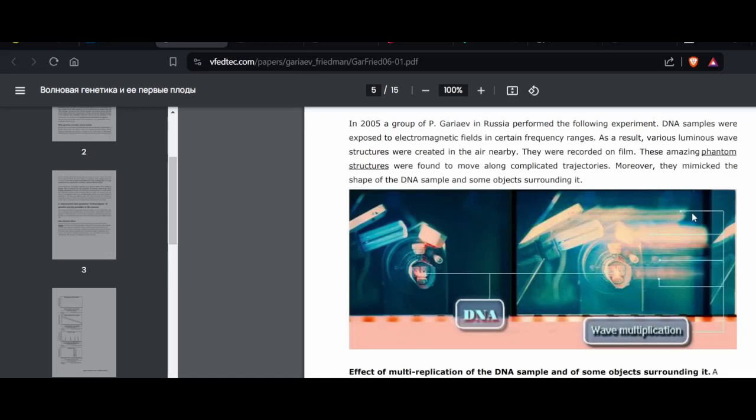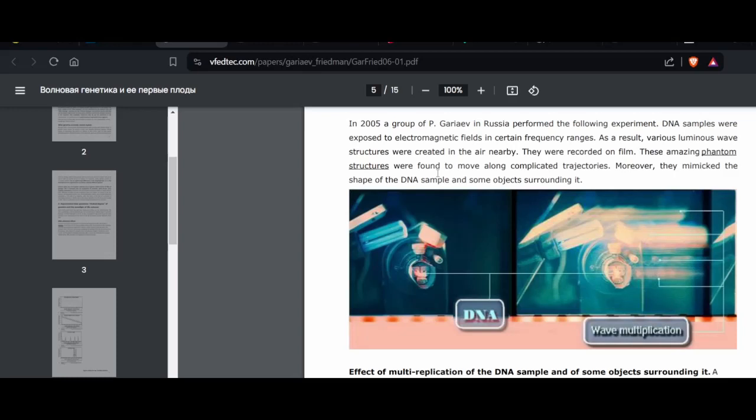So I'm just going to read from here. It says that the amazing phantom structures were found to move along complicated trajectories. Moreover, they mimicked the shape of the DNA sample and some objects around it.